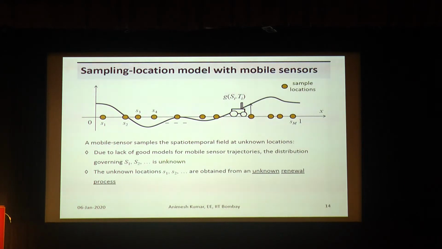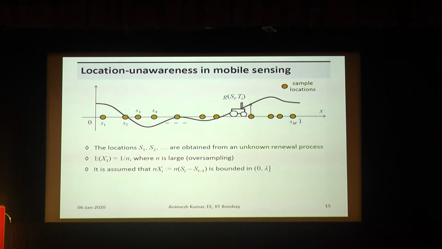We did not want to commit to any distribution here. But we do assume that these points come from a renewal process. We dub it the unknown renewal process because we don't know its renewal distribution. All that we know is that these points are ordered. The intersample spacings are IID, but the distribution of that IID variable is not known.